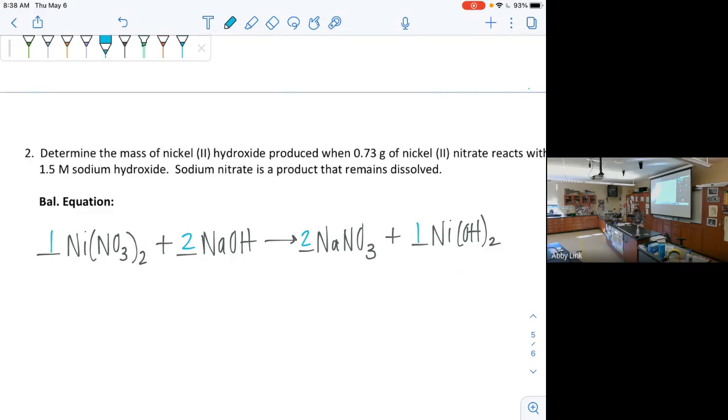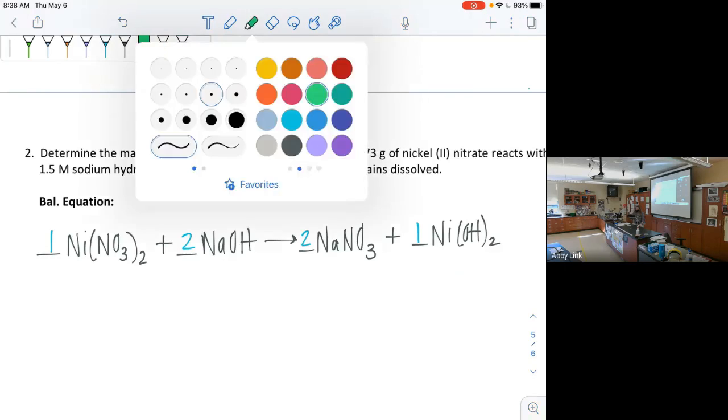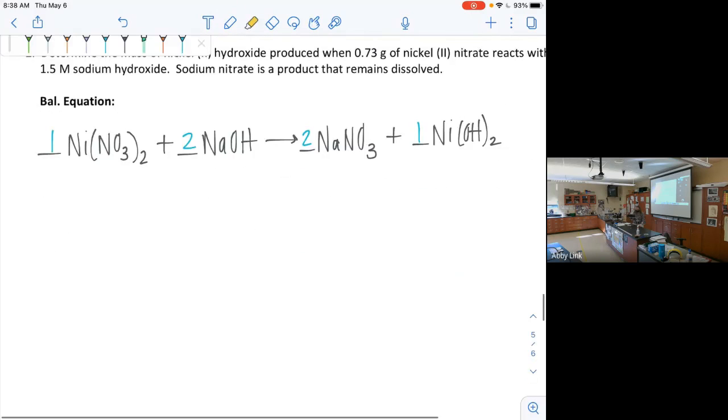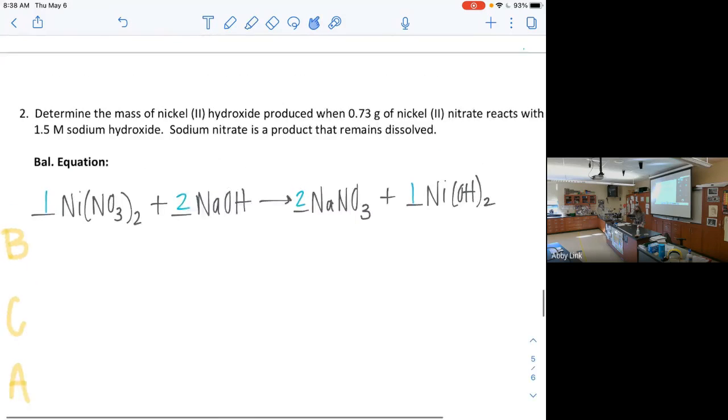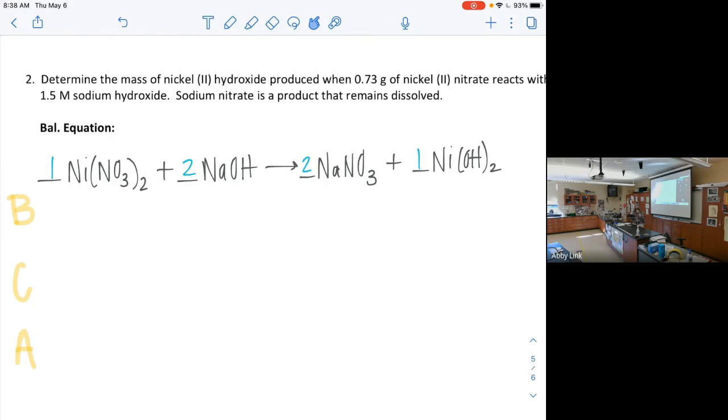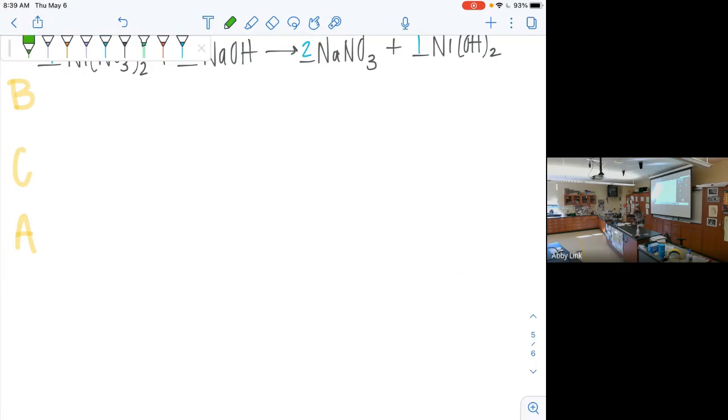All right. So for our BCA table, we are going to need to convert our two amounts given to us here into moles, okay? So the first one is 0.73 grams of nickel 2 nitrate. That's easy. That's not new to us. We know how to convert that. So let's go with it.